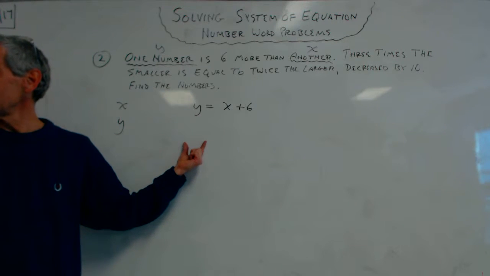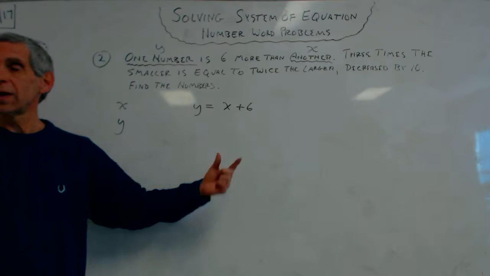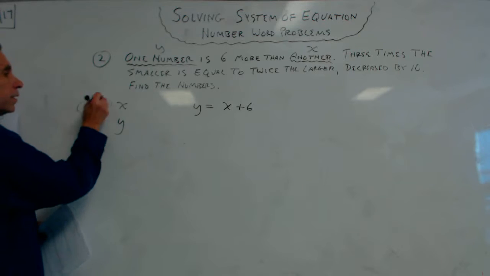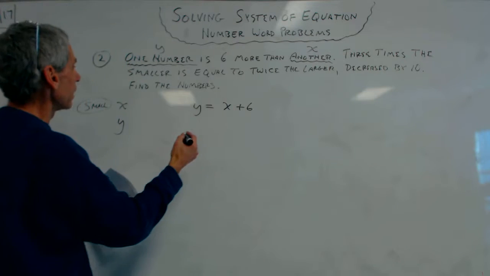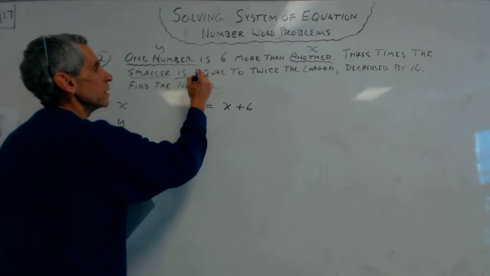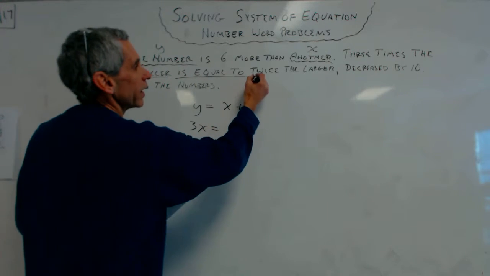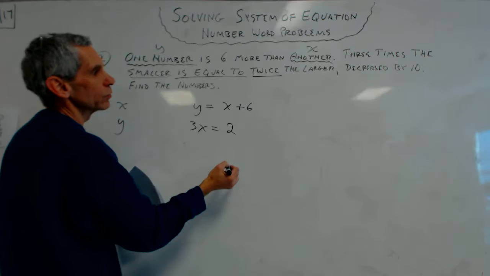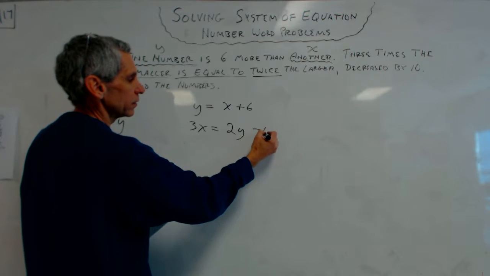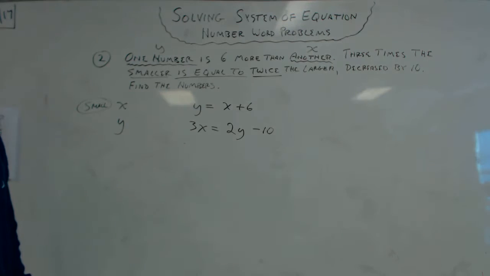Y is bigger, so x has to be smaller, right? So x is smaller, so I'm going to just put that small. So I know that. So 3 times the smaller, so 3x is equal to twice, that means 2 times the larger, 2y, decreased by 10, minus 10.